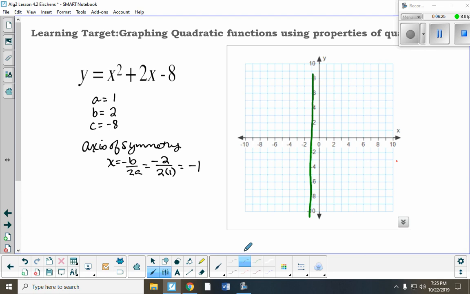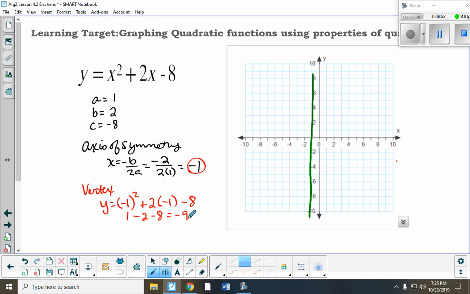Now to find the vertex, we're going to substitute this back into the original equation. When you're substituting in a negative, make sure you put parentheses around it. So -1 quantity squared is 1, minus 2 minus 8. That gives you a -9.